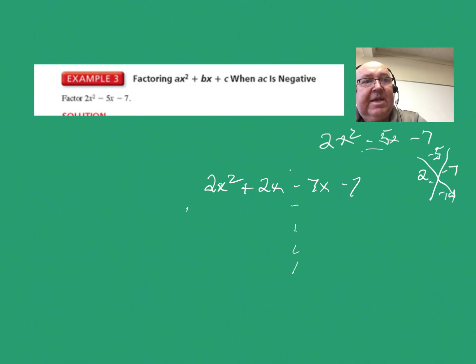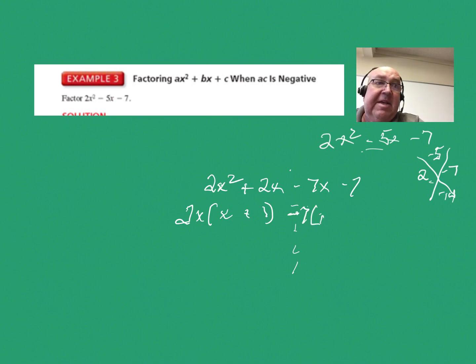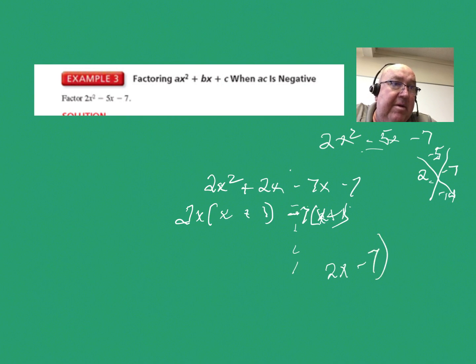Take out 2x, and I'm left with x plus 1. Again, if I have a negative here, I'm going to take out a negative, and I can take out a negative 7, minus 7. That leaves me x plus 1. So our factors are 2x minus 7 and x plus 1.